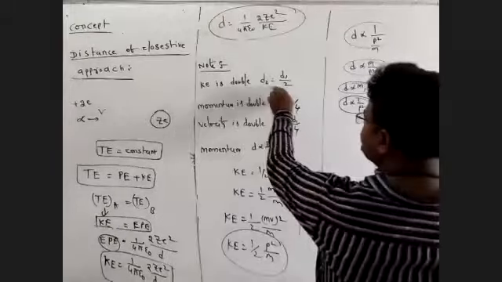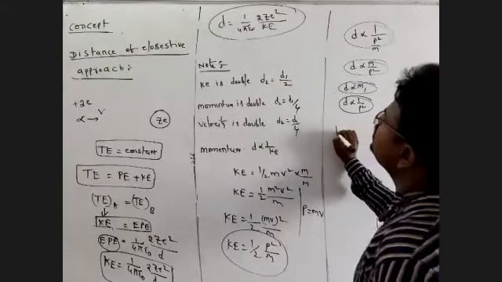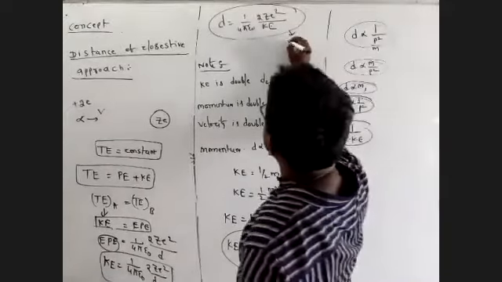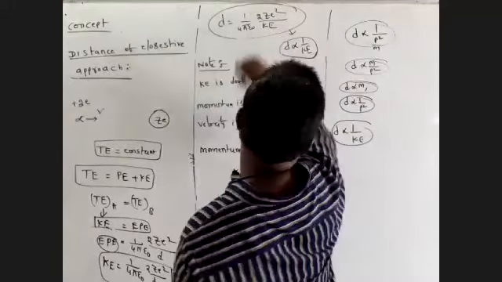You see, kinetic energy is doubled. D is inversely proportional to K, so D is inversely proportional to 1 by K, and the remaining quantities are constant.